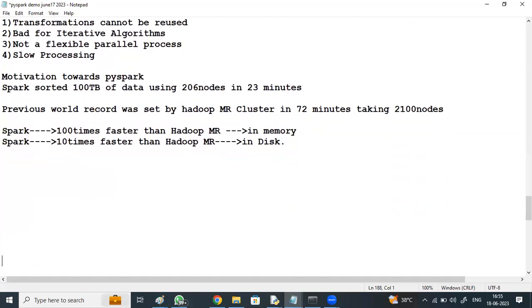Spark is 100 times faster than Hadoop MR in memory, and 10 times faster than Hadoop MR in disk. Okay, so those are the advantages of Spark.